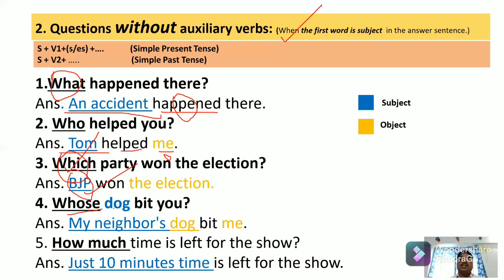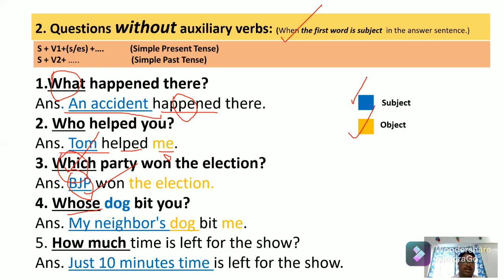They are functioning as subjects. The blue color indicates the subject, and the yellow color in the boxes shows the objects in the answer sentences. But in some sentences you will not see any object. In the first sentence there is no object. Why? Because the verb happened is an intransitive verb. Only transitive verbs take an object, and intransitive verbs don't take an object.